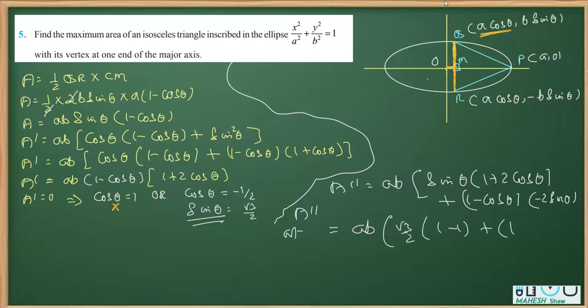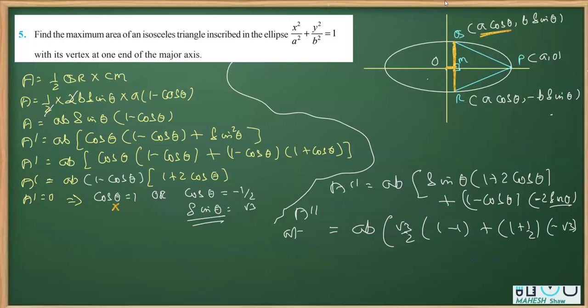Plus 1 minus minus half is plus half. And we have this minus sign over here. So minus root 3 by 2. So 2 and 2 get cancelled. So we'll get root 3 only. Minus root 3. 2 multiplied by minus, 2 multiplied by this is minus root 3.